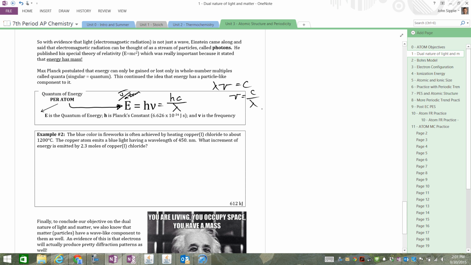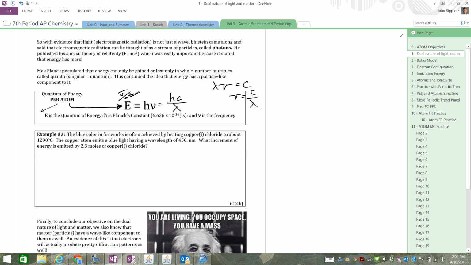I'm subbing that in for frequency. So depending on what we're looking at, if we get a wavelength of light, we can solve the equation that way. If we have a frequency of light, we can also solve for the quantum of energy.